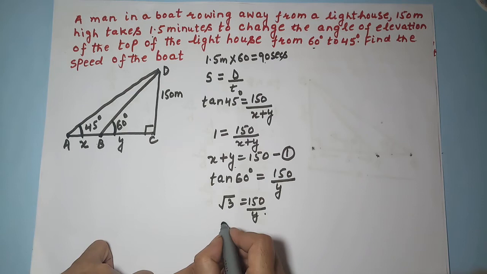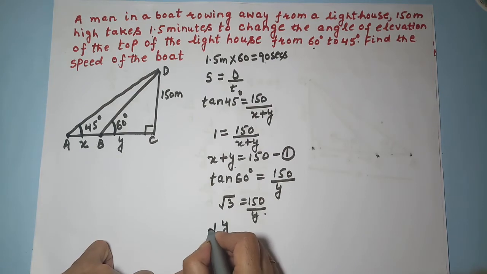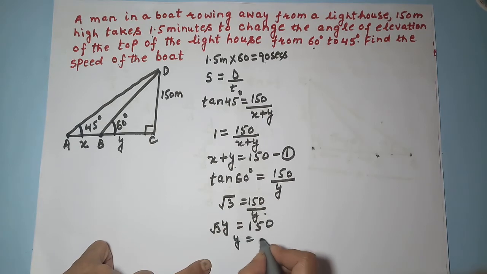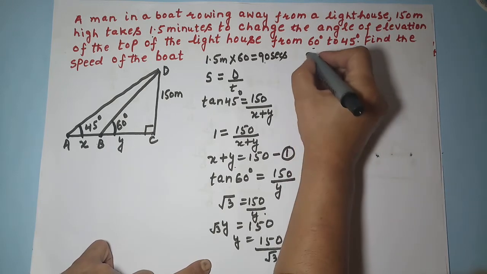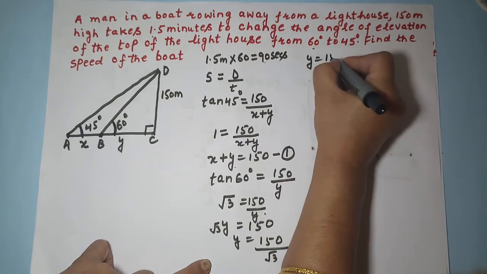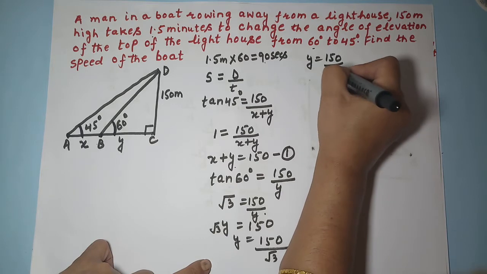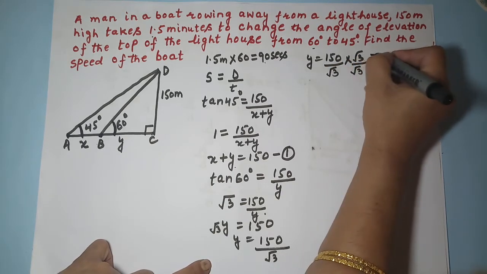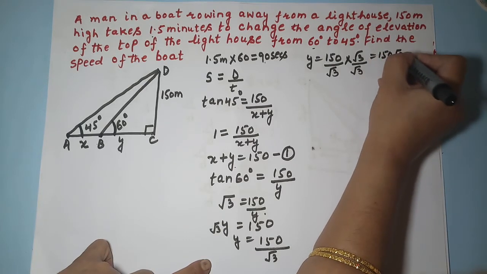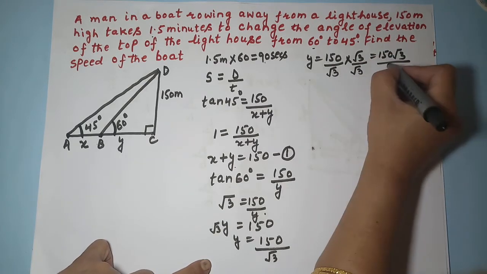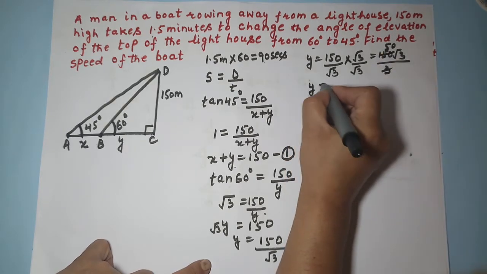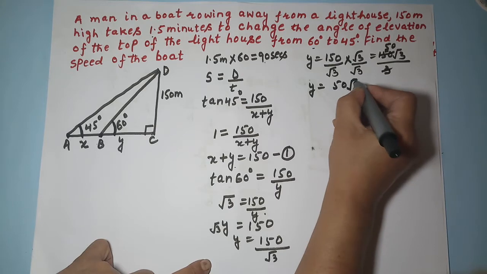So if I cross multiply, I will get root 3 y equal to 150. So my y will be 150 upon root 3. So I can rationalize this. y is equal to 150 upon root 3 into root 3 upon root 3. That makes it 150 root 3 upon root 3 into root 3 is 3. So 3 50s are 150. So the value of y that I got is 50 root 3.